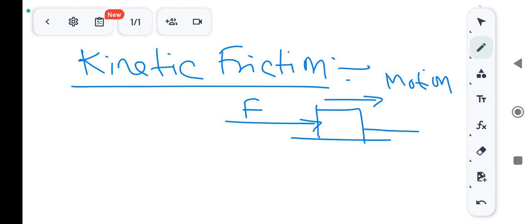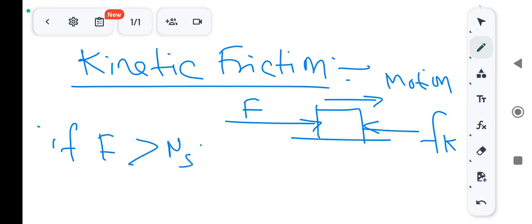Then a kinetic friction force will act on it. If the external force F is greater than mu s multiplied by capital N, the normal force, then the body starts moving on the surface.